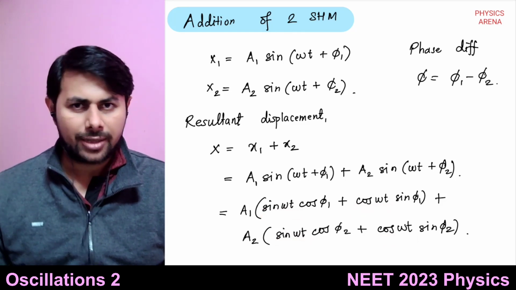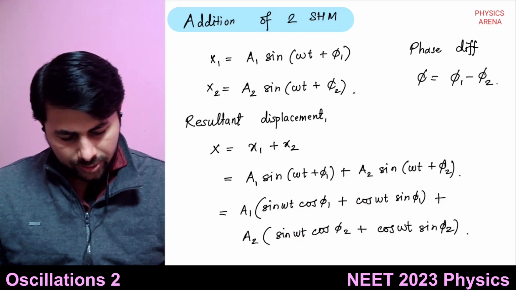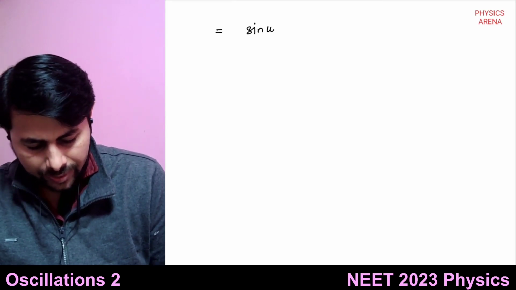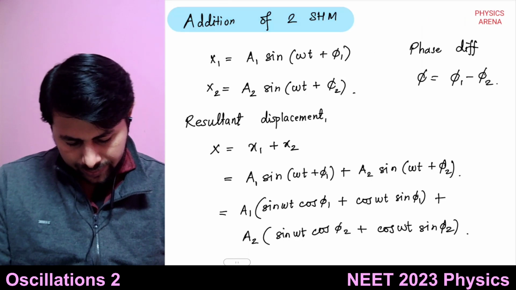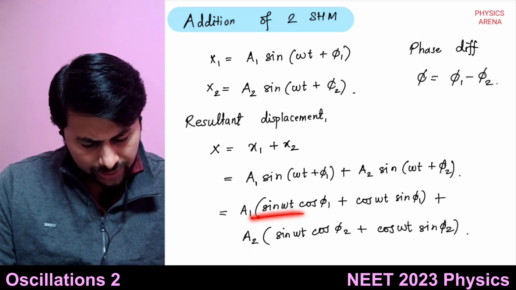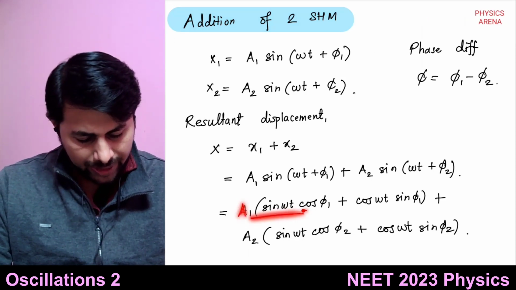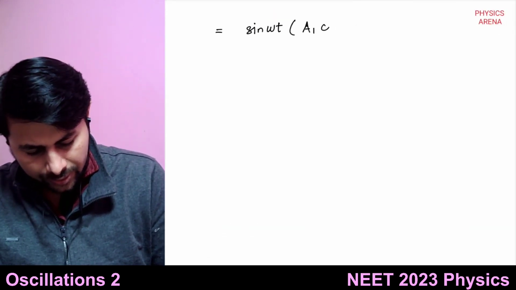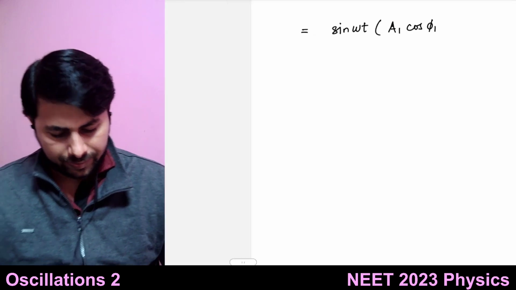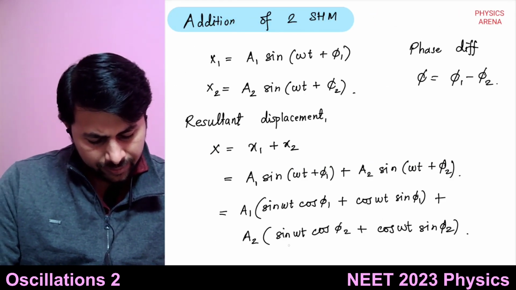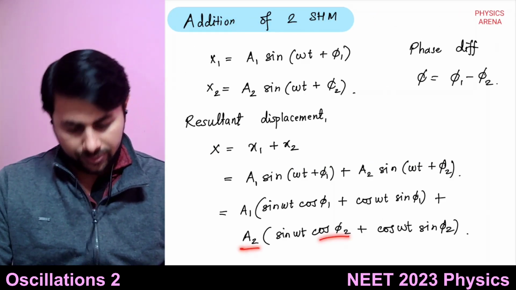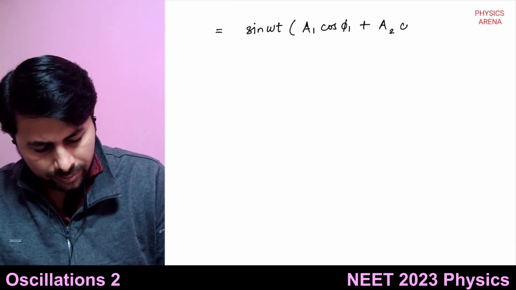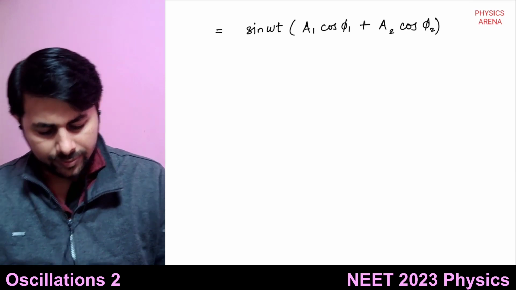If we take sine omega t common, what is left? From the first term, it's a1 multiplied by cos of phi 1. And what's there in the second term? It's a2 cos of phi 2. So it is a1 cos phi 1 plus a2 cos phi 2.